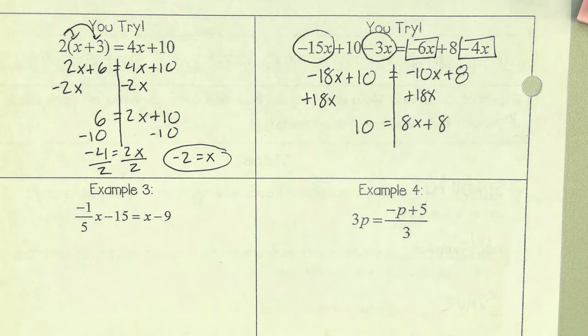On this next step, you could add 18x, and you get 10 equals 8x plus 8. Or instead, you could add 10x, and you get -8x plus 10 equals 8. Either way is okay. You'll get the same answer in the end.